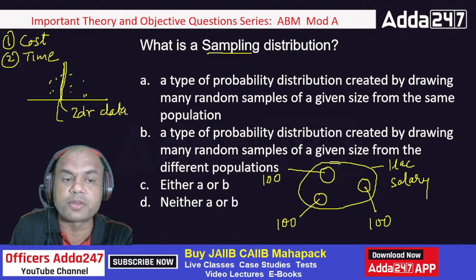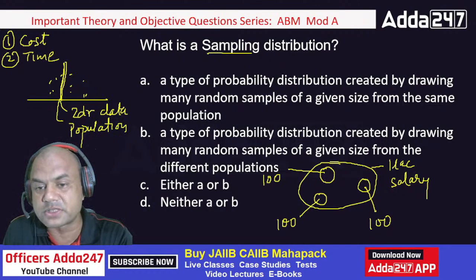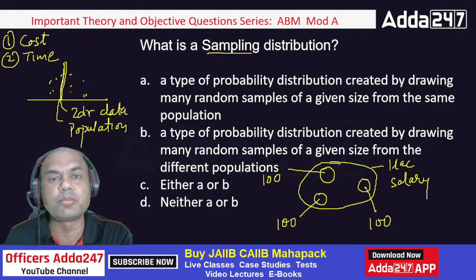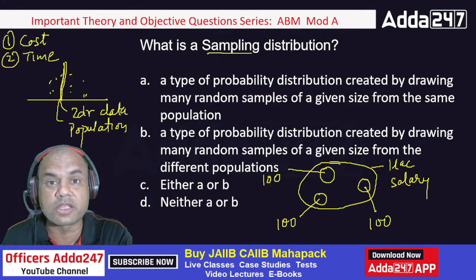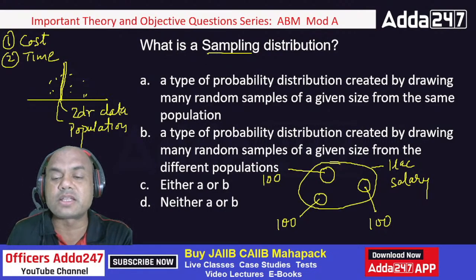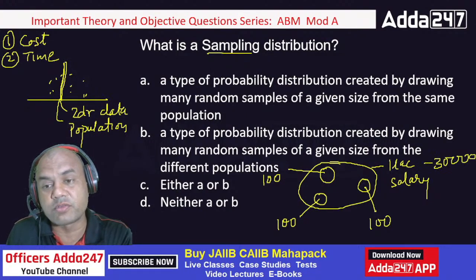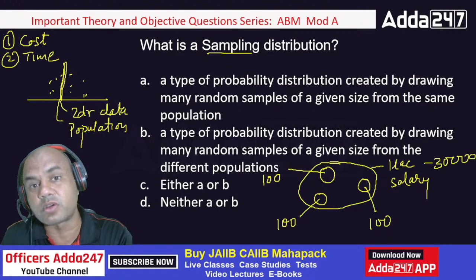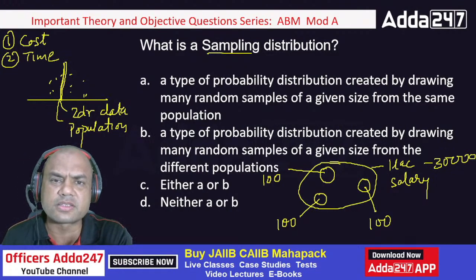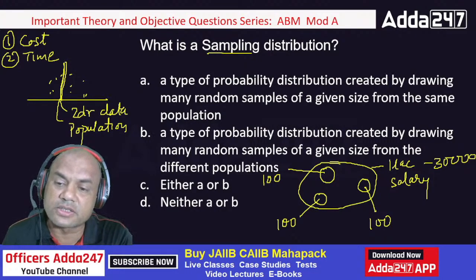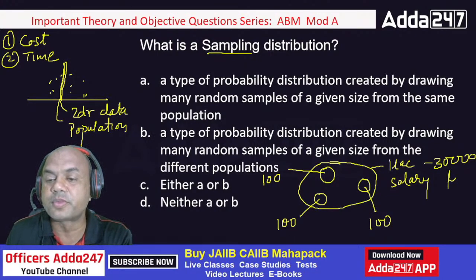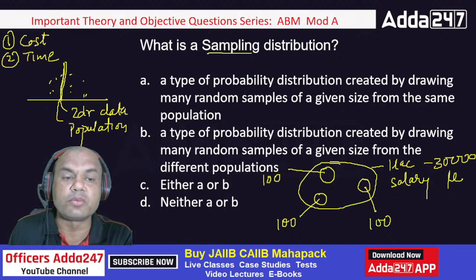If I want the average salary of 1 lakh persons, I might have read in books, magazines, or a government report that the average salary of this city is, let's say, 30,000. But I want to check whether this 30,000 figure is correct or not. I've got it from secondary figures. So this is known as the population mean, mu.